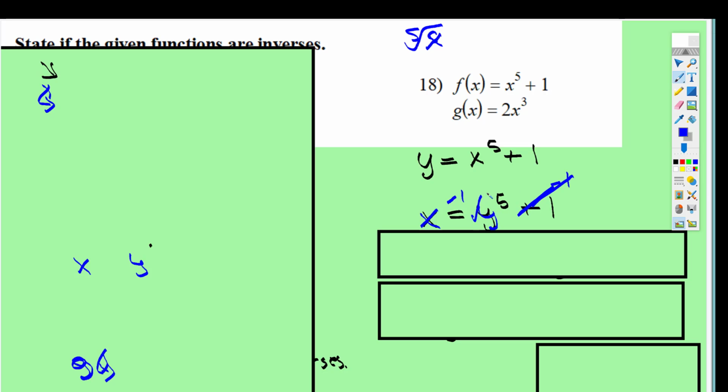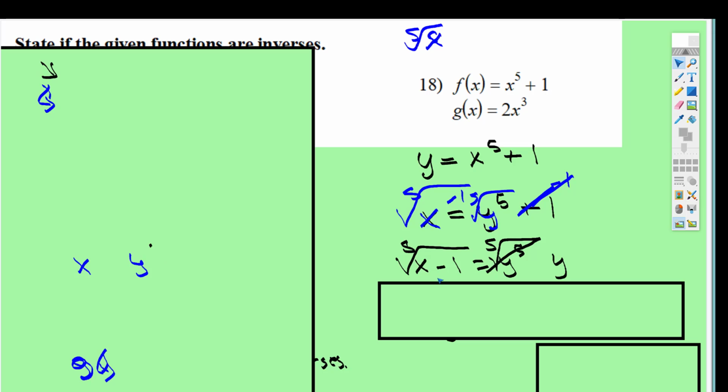When I do that, I'm going to take the 5th root of both sides, which is what I did right there. So the x subtract 1, then I took the 5th root, and the 5th root of something to the 5th power, those cancel, leaving just the y.